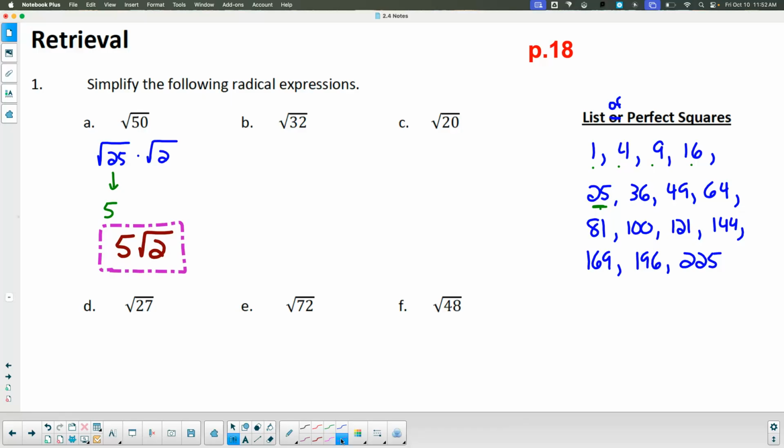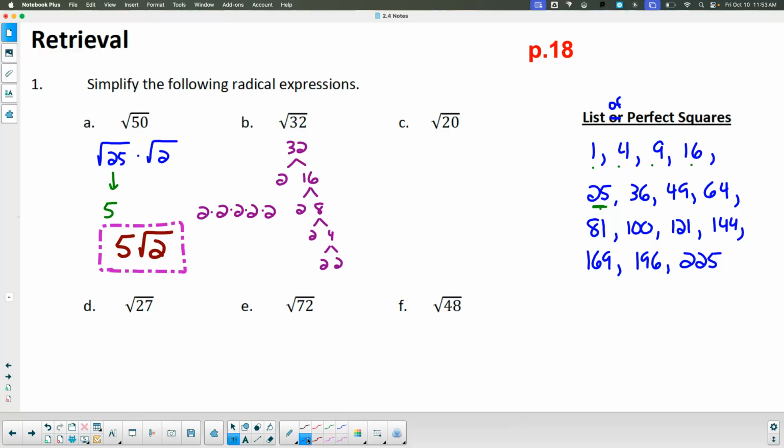The other way that you can do this is you can say, well, 32 is 2 times 16. 16 is 2 times 8. 8 is 2 times 4. And 4 is 2 times 2. So 32 would actually be 2 times 2 times 2 times 2 times 2.